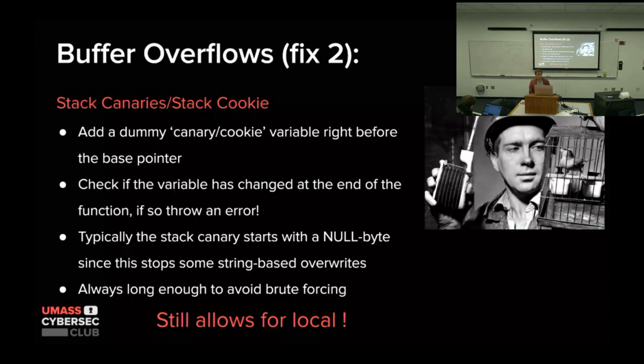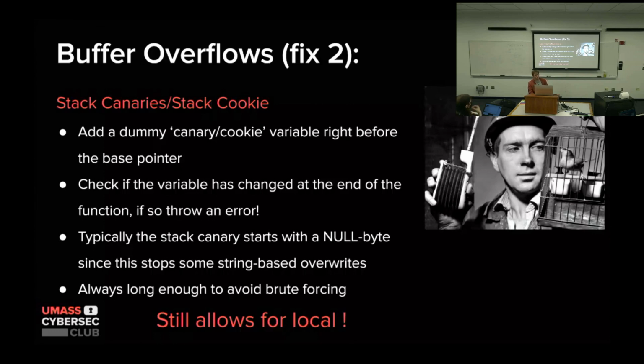If you have two buffers, would you use two canaries or just one above both? I have seen, not on x86, but I have seen things implement a canary per buffer. I think it's fine. I think it might be a little unnecessary, because generally, if you have two buffer overflows, you're screwed no matter what.